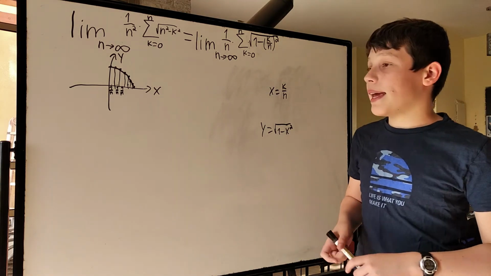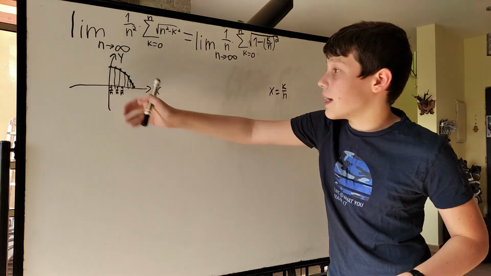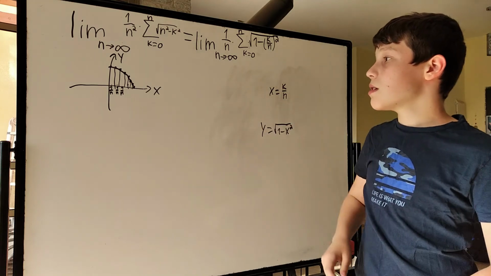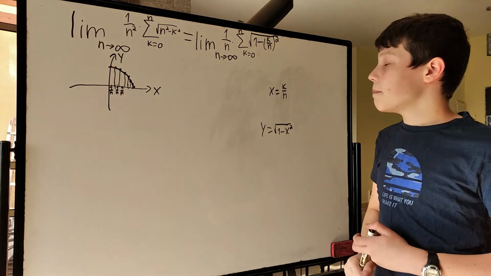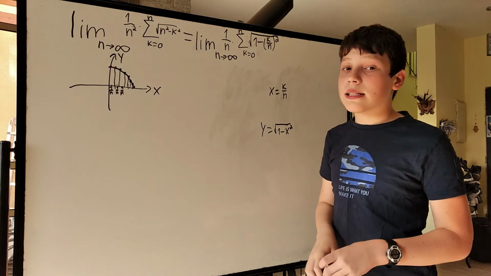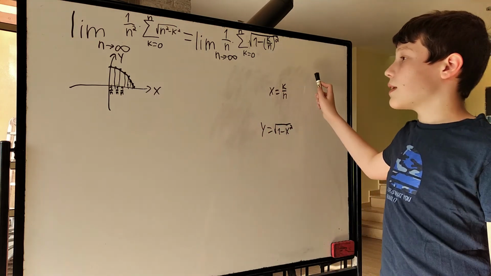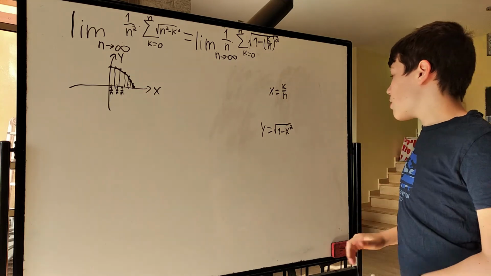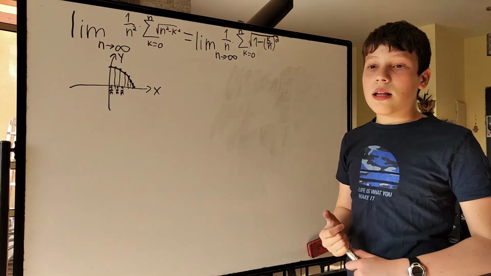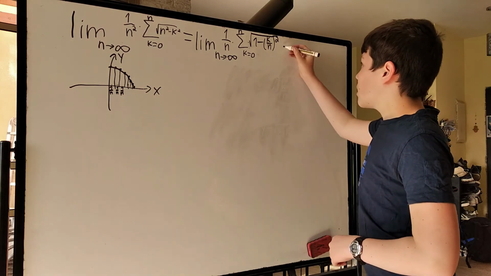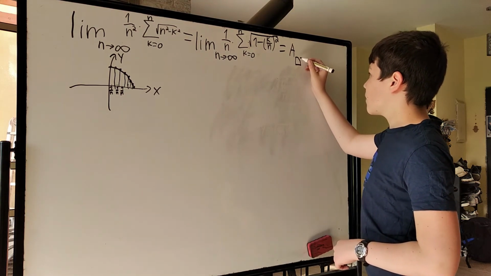So summing the areas of all these rectangles, giving us the full area of this quarter circle, because remember this is half of the original half circle we had, is the sum of the areas of all these rectangles, which we just showed is the value of this limit. So this limit is equal to the area of a quarter of a unit circle.